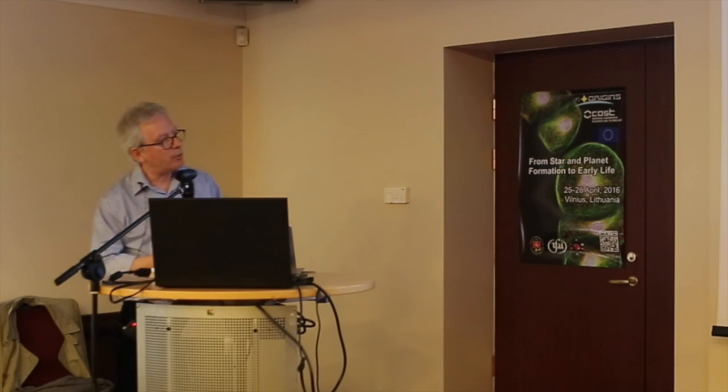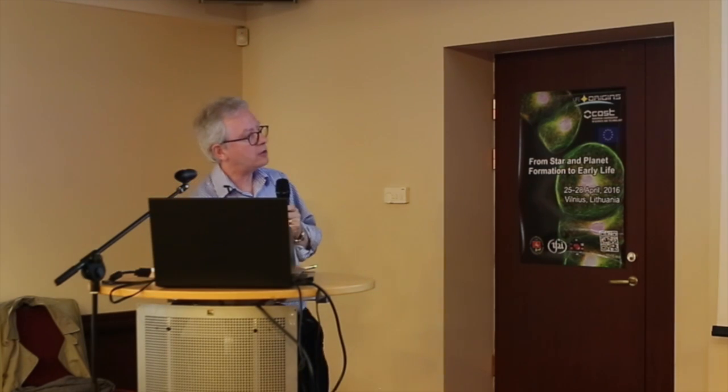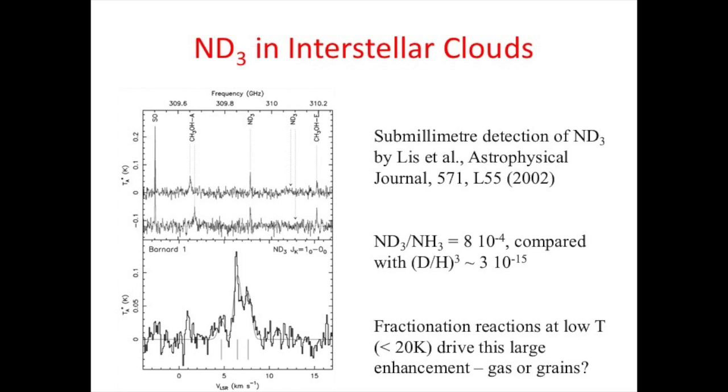That is driven by chemistry occurring at very low temperatures, driven by zero-point energy effects. So we know when we see very high fractions of deuteration in molecules that this is a signal for low temperature chemistry. That chemistry can be in the gas phase, but it can also be in the ice phase. And part of our issues around understanding astrochemistry is to try and separate out gas phase processes from grain surface processes.